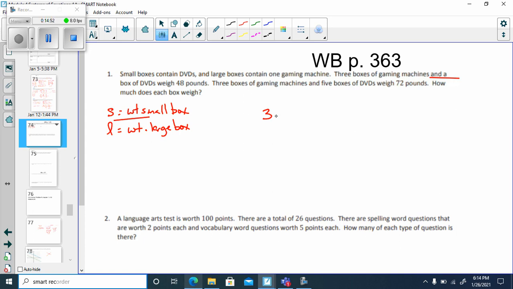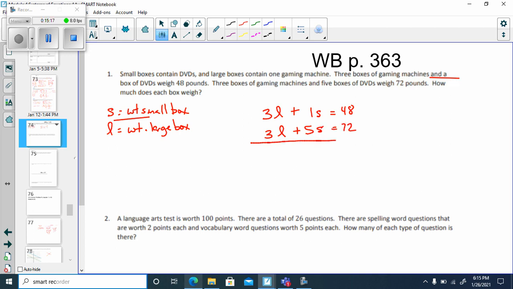The gaming machines were the large boxes. 3 L's and a box of DVDs. That's my small box. 1 S equals 48. 3 boxes of gaming devices, that's my large box, plus 5 boxes of DVDs, that's my small box, equals 72.